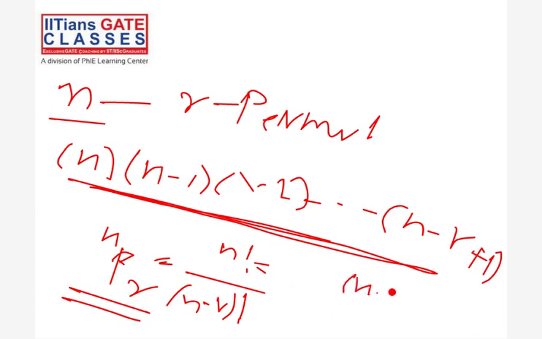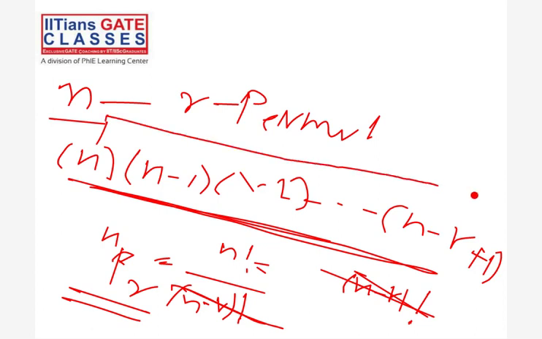Finally we will come across this n minus r factorial, and at that time we will just cut it. So finally we will be left with n into n minus 1 into n minus 2, and so on, up to n minus r plus 1. So this is the formula for npr.